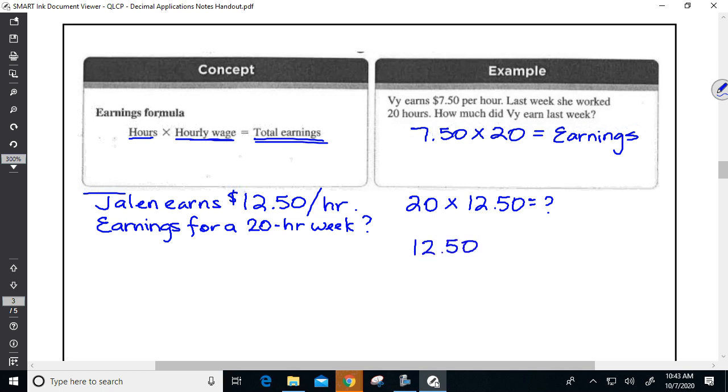1250 times 20 hours. So, when you multiply the way you normally would: for the 0, that's simple. Everything times 0 is 0. You have all zeros.